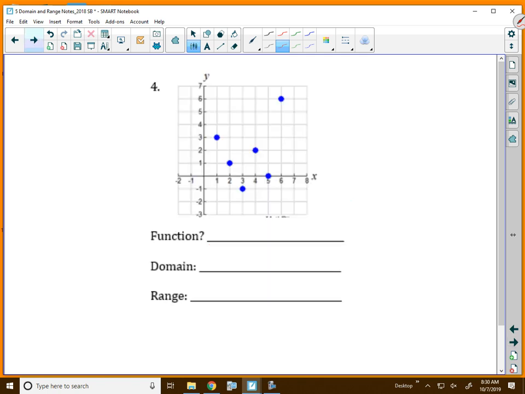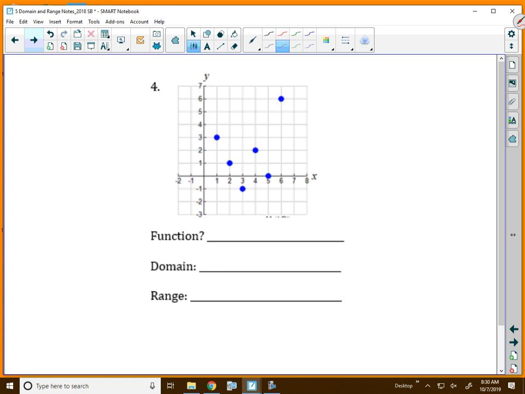Okay. Next one. Now, this is a little bit different because we have a graph. If we traditionally look at a graph, we have lines. So we would call this a scatter plot instead of a traditional graph. On a scatter plot, would you say our numbers are consecutive? Like every number in between those dots counts or no?